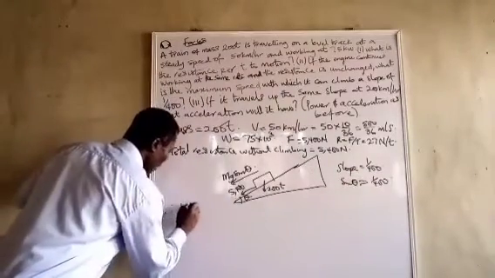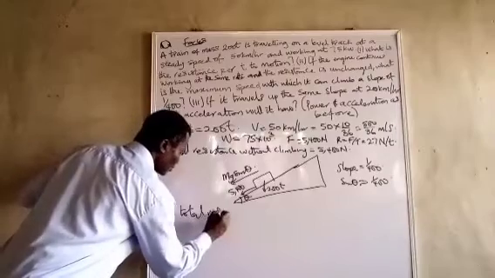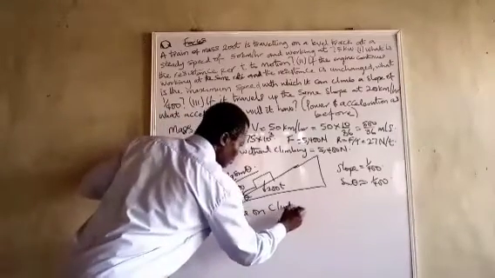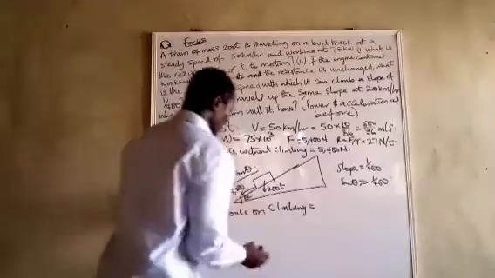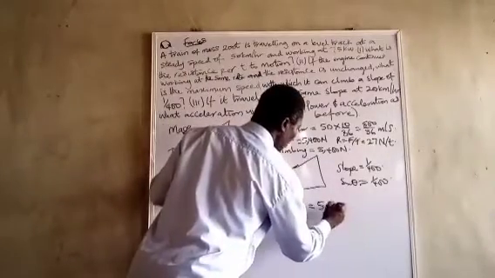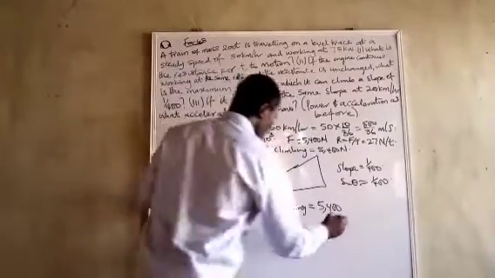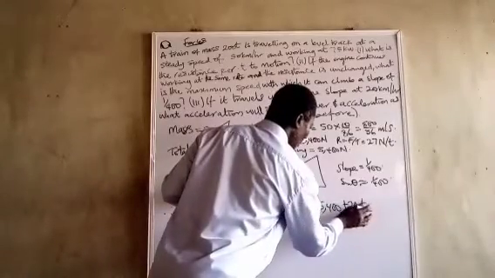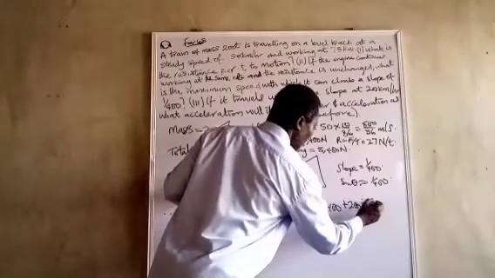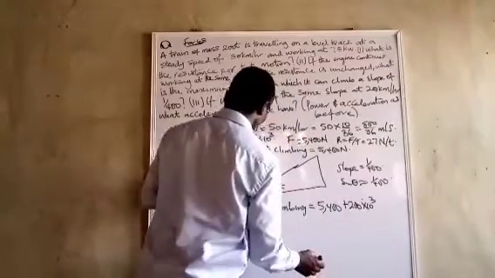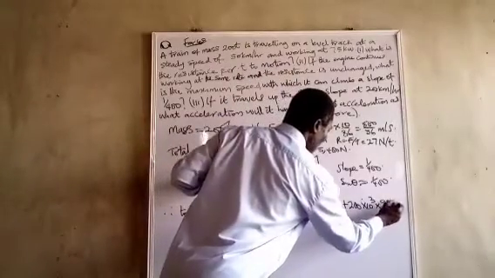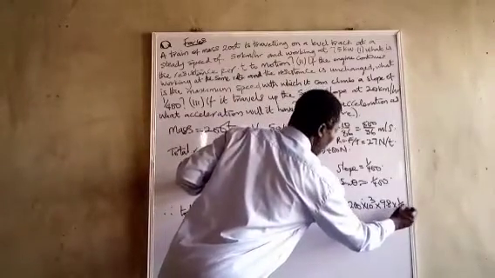Therefore, total resistance on climbing will be equal to 5,400 plus 200 times 10 raised to the power 3 times 9.8 times 1 over 400.